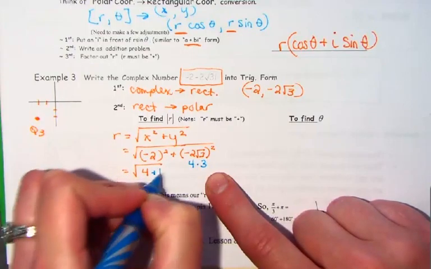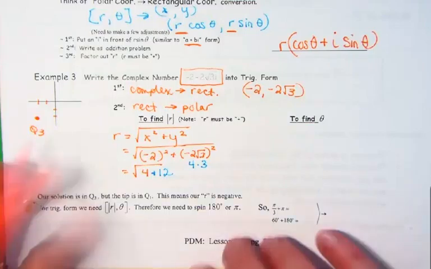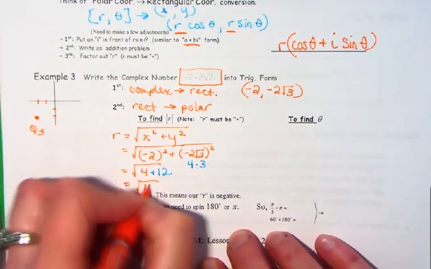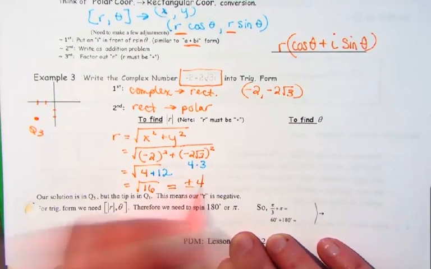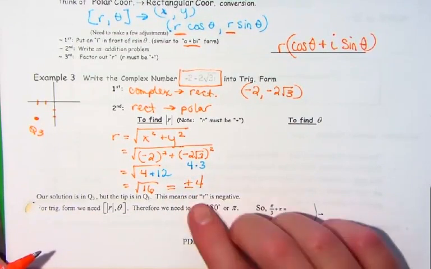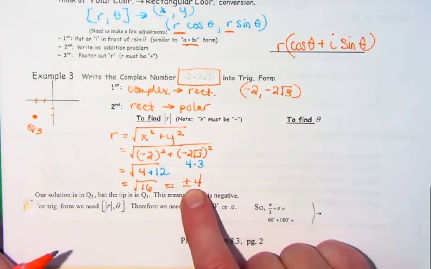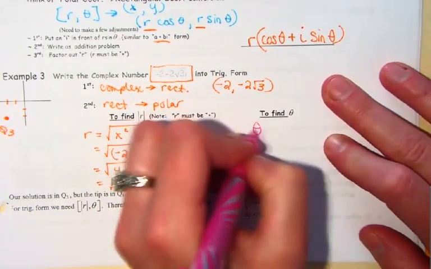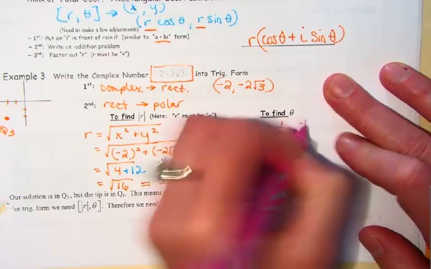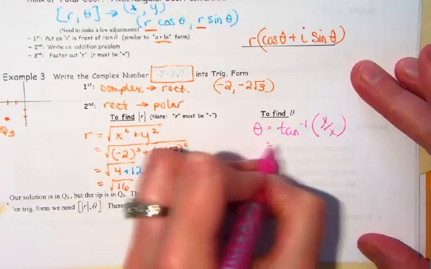We end up with 4 plus 12 underneath our square root. Square root of 16, positive or -4. I'm going to keep this in mind because I still have a decision to make. I still may need to adjust this. I know I need it to be positive eventually, but I need to keep this in mind that right now I'm not sure which.